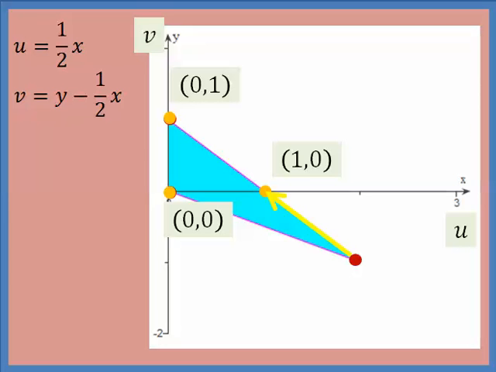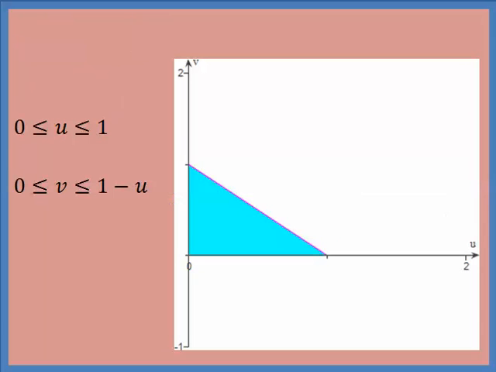And then lastly, the point 0, 1 is also mapped to the point 0, 1. So again, that vertex stays where it is. And in our new region, u runs between 0 and 1, and v runs between 0 and 1 minus u.